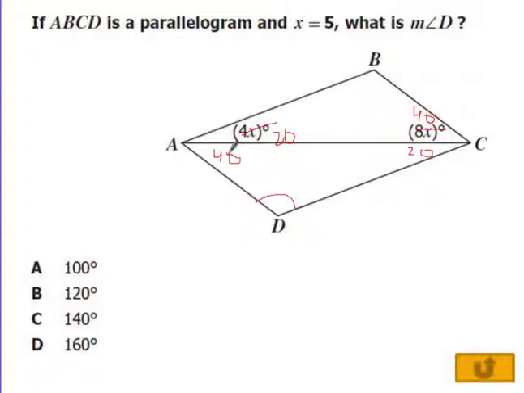Like I said, there's more than one way to do this. This is just the way I'm choosing to do this. And then I can focus on the fact that this is a triangle and do 180 minus 20 minus 40. And that gives you 120. Okay, and then we want to know what angle D is, and that's what we found.